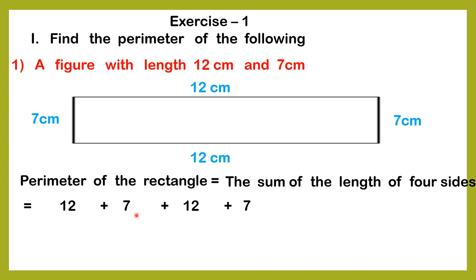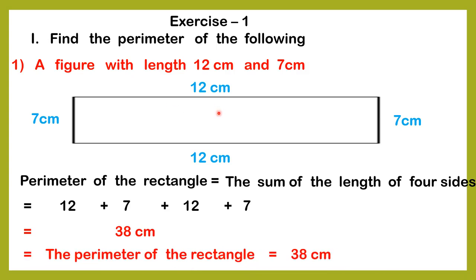Now 12 plus 7 is 19, and over here also 12 plus 7 is 19. So 19 plus 19 is 38. You can show your working horizontally or vertically. So the perimeter of the rectangle is 38 centimeter.